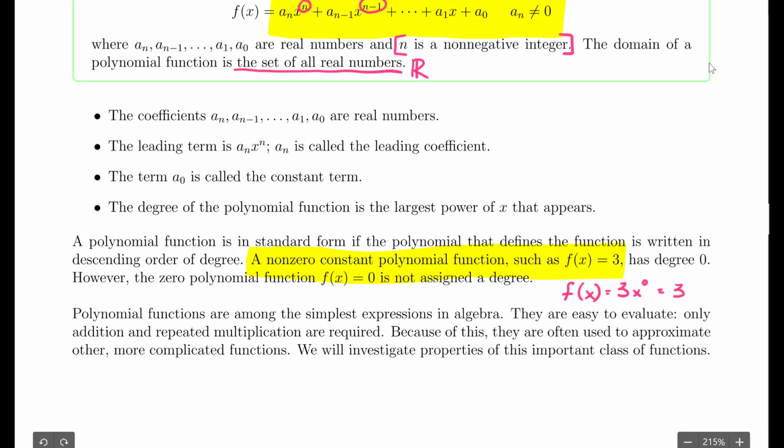So what we get here is 3 times 1, which is 3. So it is a degree 0 polynomial. However, a variation on that is that if the polynomial is just 0, then it has no degree, because it's always going to end up being 0, so it has no degree.